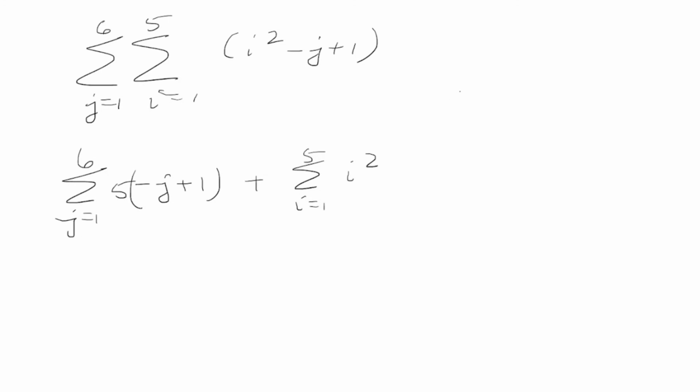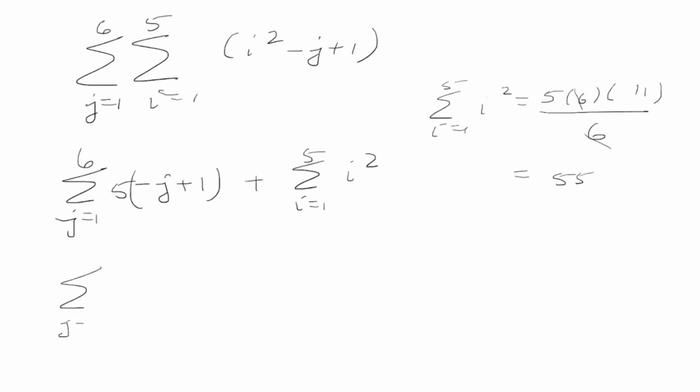Now for this one, i equals 1 to 5, i squared, that's 5 times 5 plus 1 times 2 times 5 plus 1 all over 6. So that'll be 55 since the 6 is canceled. So I have negative 5j plus 5 plus 55, that's going to be plus 60.